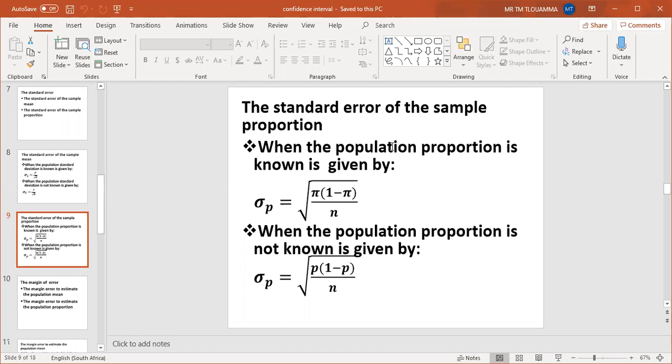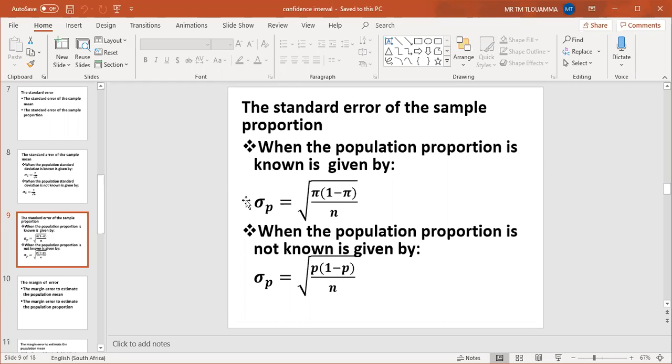So when the population proportion is known, we are going to denote our formula using the pi. The pi denotes that the population proportion is known. But when we're using the p in our formula, it means our population proportion is not known.